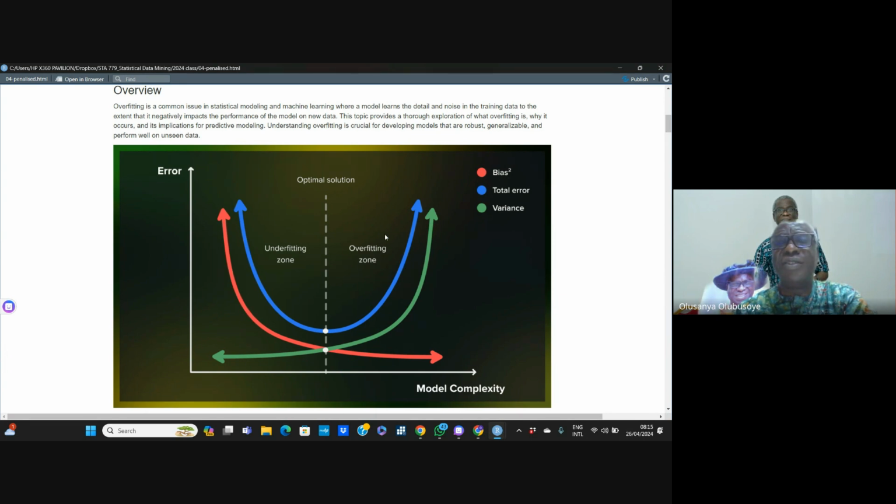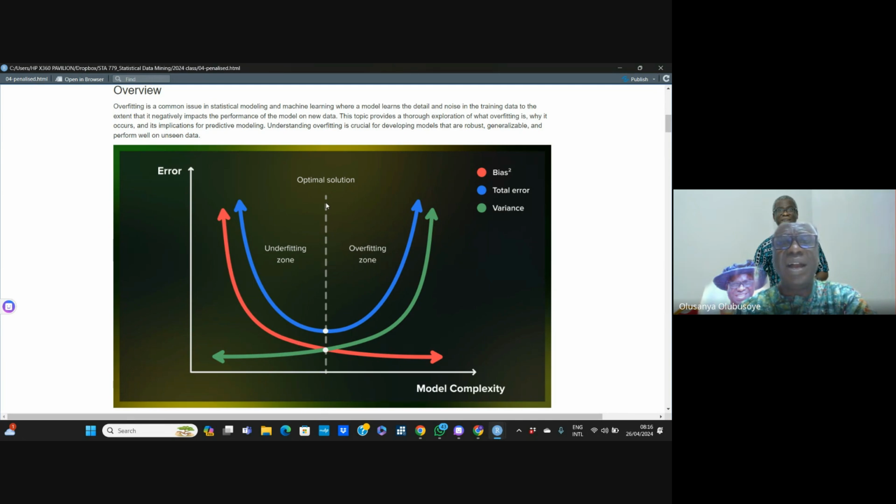And that's not the kind of model you want. That situation is what we call overfitting. The situation where the model is able to capture only the noise, but not the signal, is underfitting.